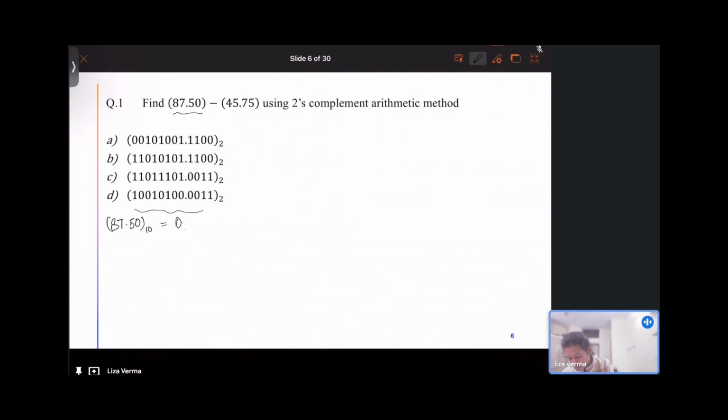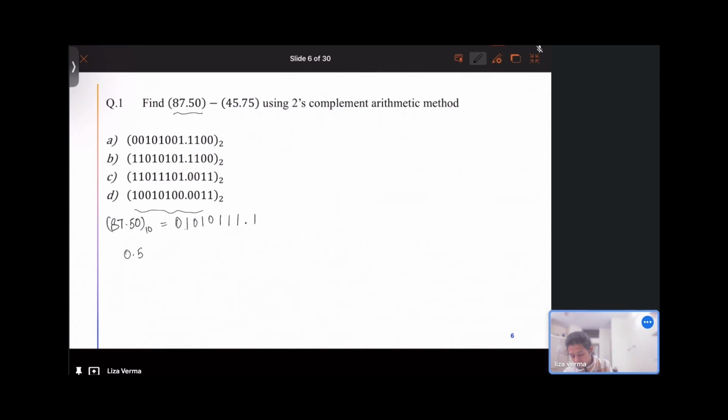Then it will have 64, 32, 16, 8, 4, 2, 1 plus 0.5. 0.5 is represented by 1, 0, right?